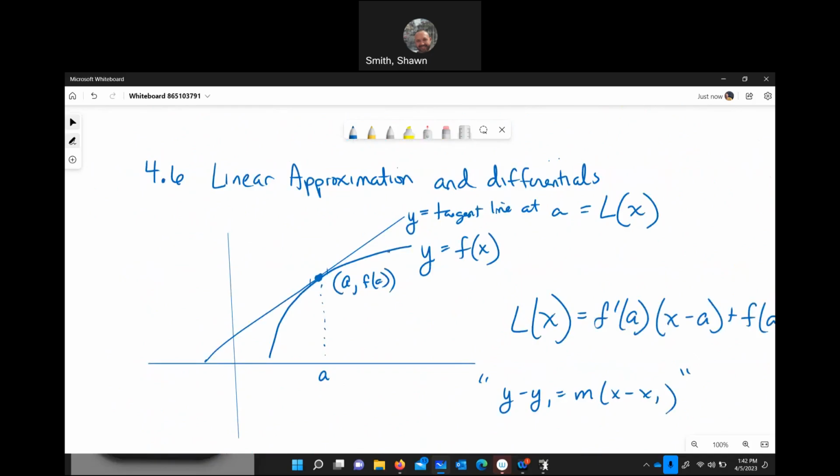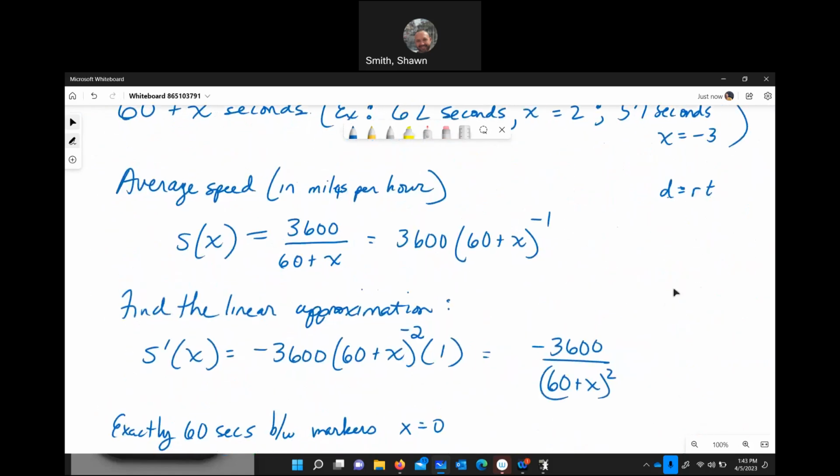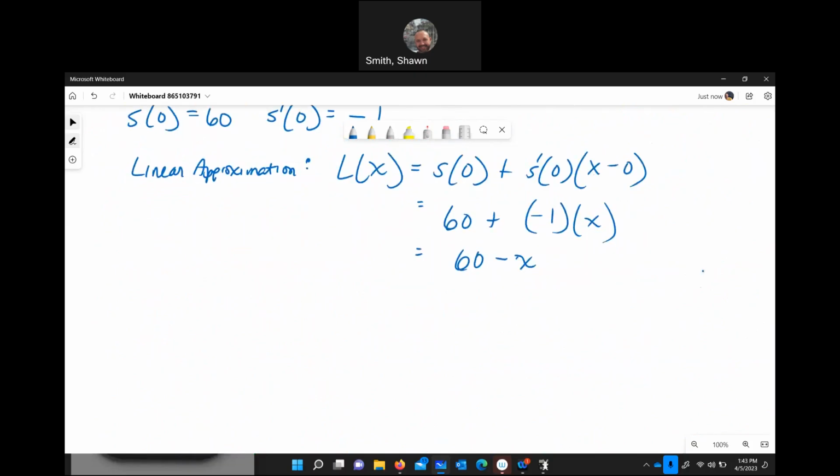But once I get over here and I pick this point and this point, this is not the tangent line anymore. The further away I get from that A, the line starts to tilt, right? But when you're really close, that line tilts very, very little. So still choose values close to A, and you can figure out what the speed is quickly.